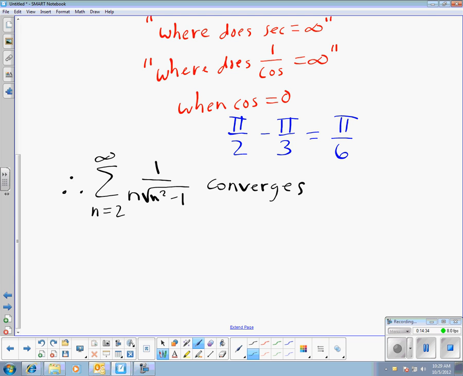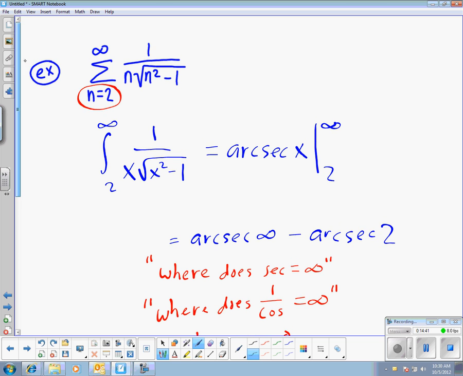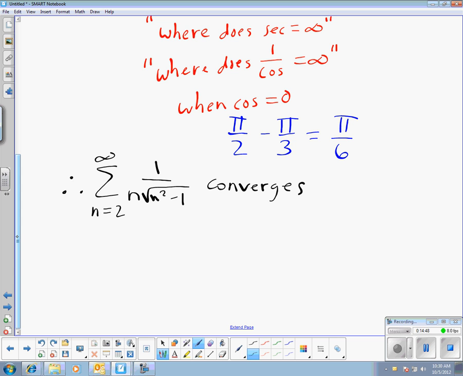Pay attention to this last bit. You cannot conclude that the sum of the terms in the sequence is pi over 6. The integral converges to pi over 6. The series converges to something, but not necessarily pi over 6.